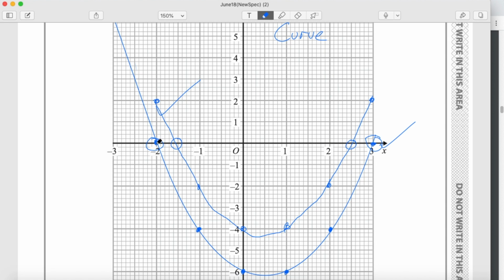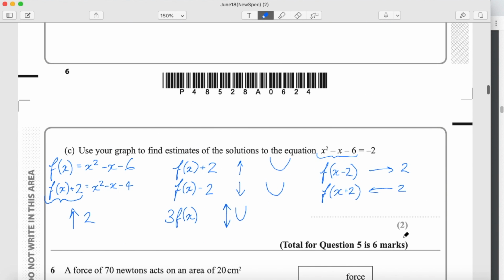So there's minus 2, 0, minus 2, 1, minus 2, 2. That's been shifted up 2 units. This bit has been shifted up 2 units, 1, 2. This has been shifted up 2 units, 1, 2. And this has been shifted up 2 units. So every point along this parabola has just been shifted up 2 units. So that's where you're going to get one of these 2 marks.